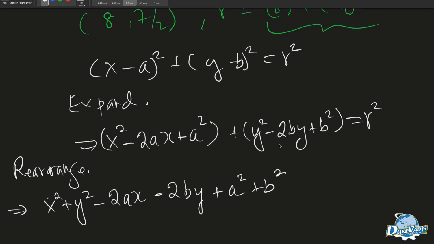Then we bring our r in here, so r squared is equal to 0. So you see, we are able to generate another equation. This is an equation that we have attained.